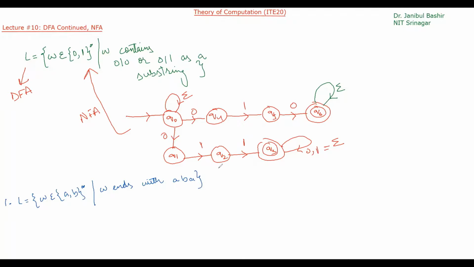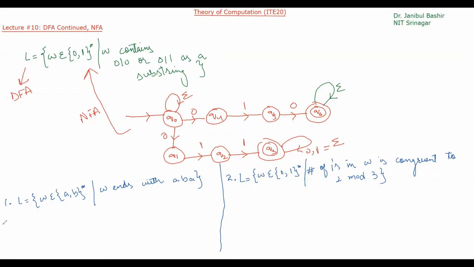This is example one. Second example, you have to design an NFA: L is equal to W belongs to {0, 1} star, such that the number of ones in W is congruent to 2 modulo 3.